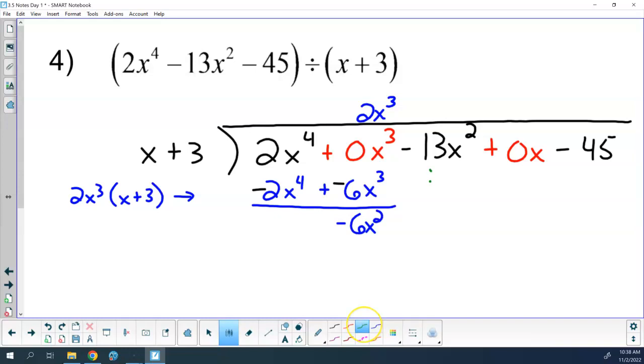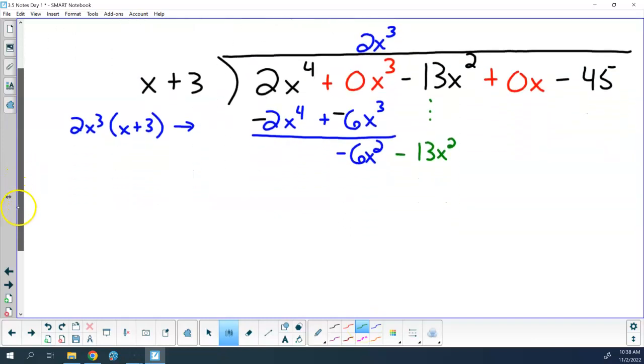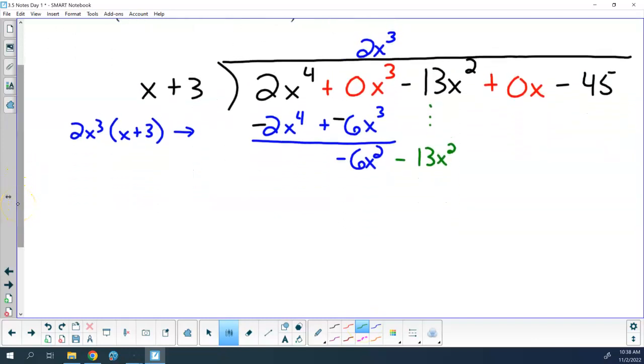Drop. This would be negative, correction, that would be negative 6x cubed. Negative 6x squared.